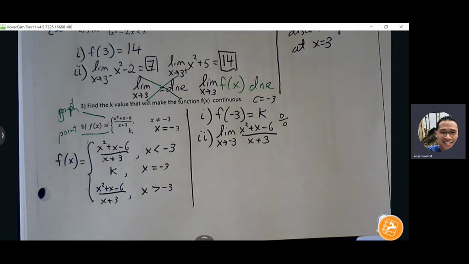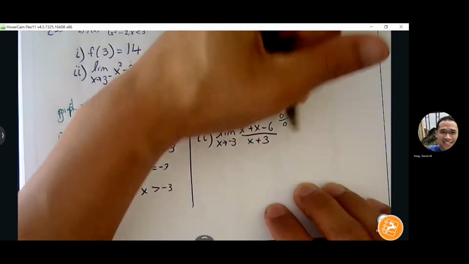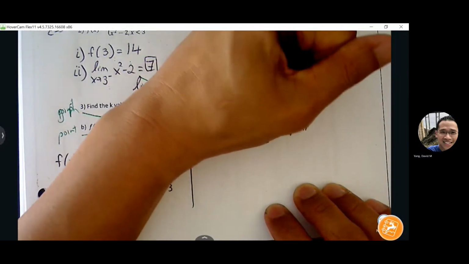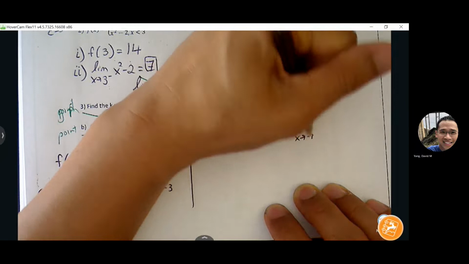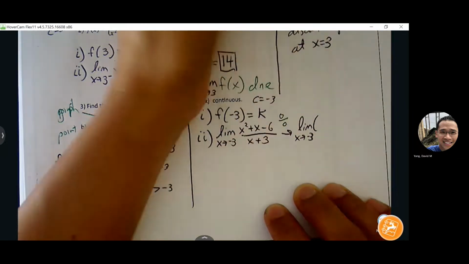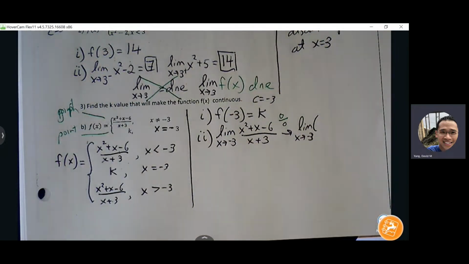We can factor, match a common factor between numerator and denominator, reduce, and reevaluate. So factoring. Multiplies to be -6, adds to be 1.